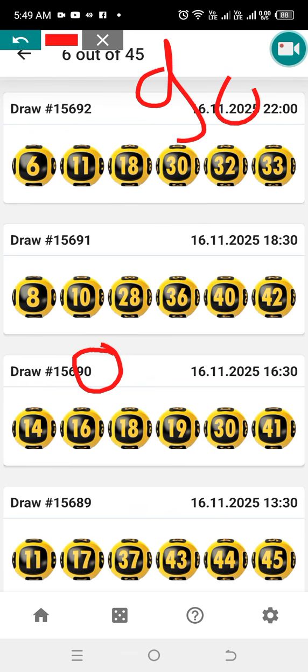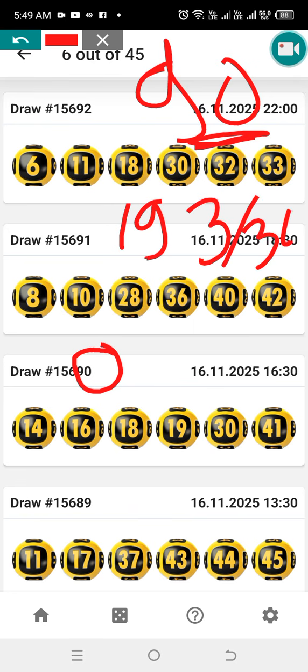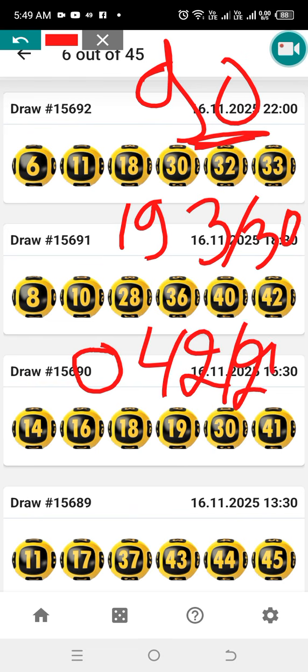Now, let's see where this 90 is going to lead us. 90, because this code has the last two numbers 90. I said you focus on the last number. 90 is 19. 90 is 3 or 30, right? Now, because 90 is a number which has 0 at the back, you will have 24 and 42, because 0 gives us 24.